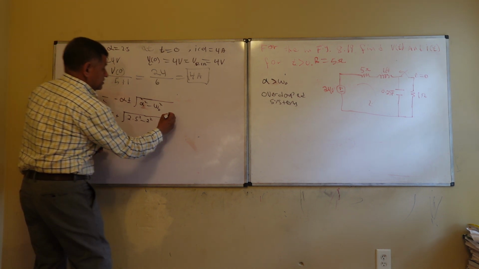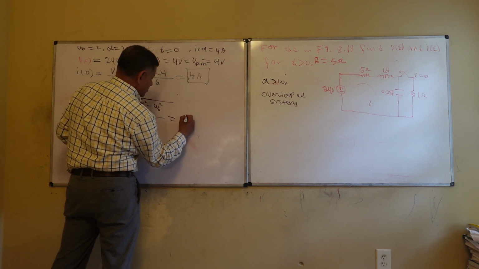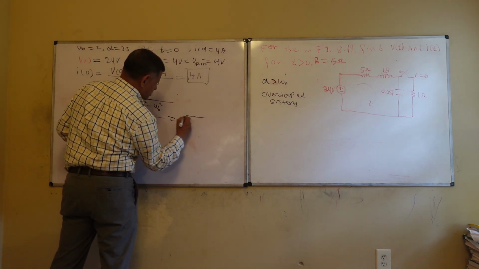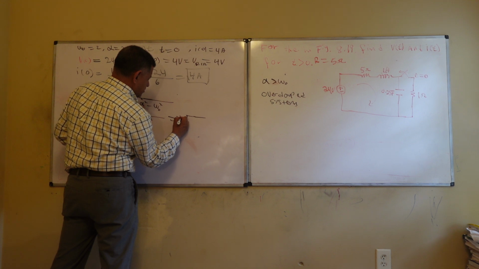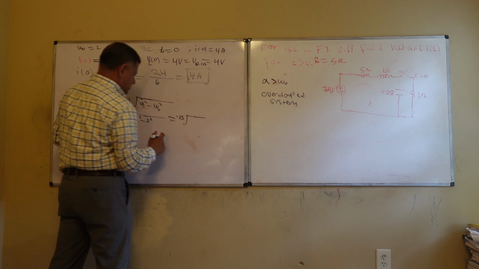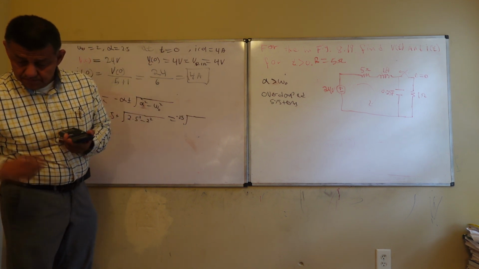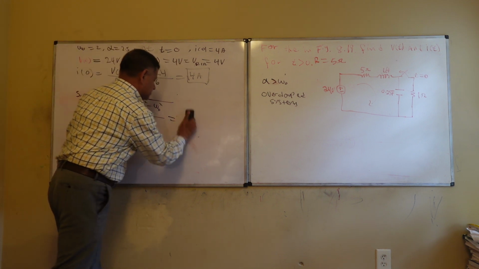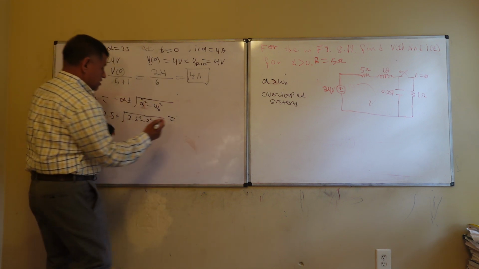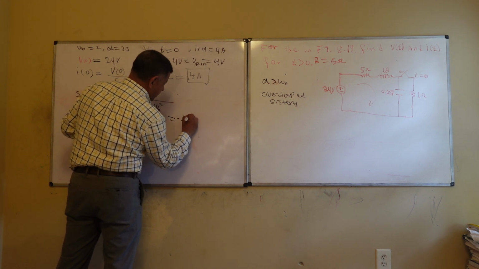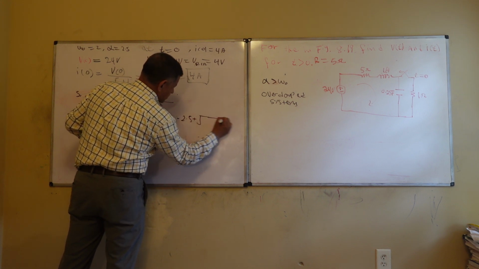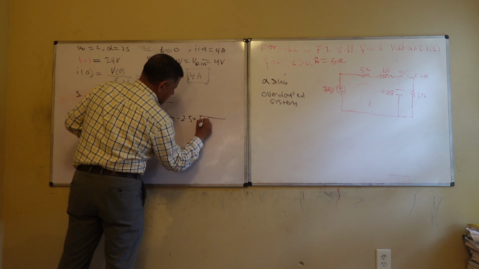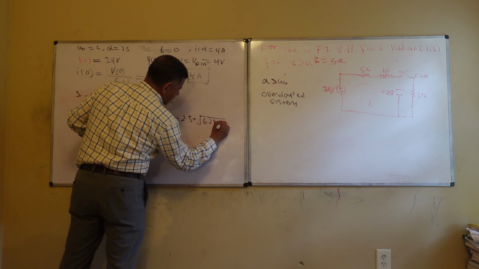So this is equal to negative 2.5 plus the square root of 6.25 minus 4.